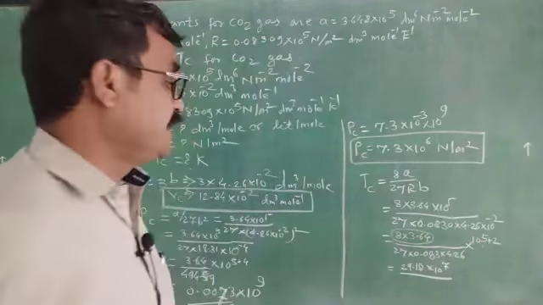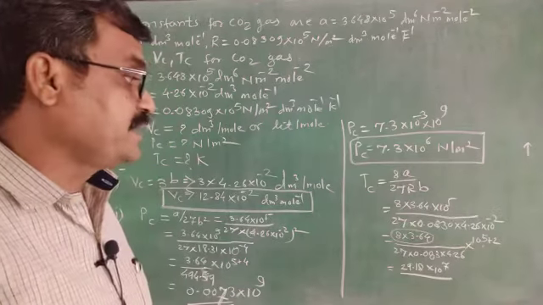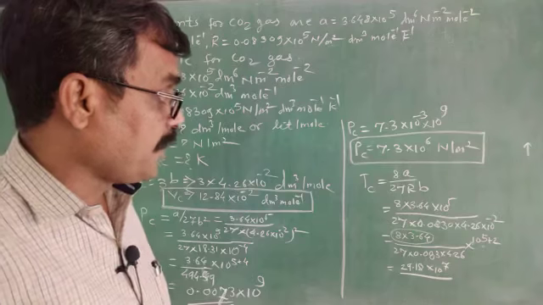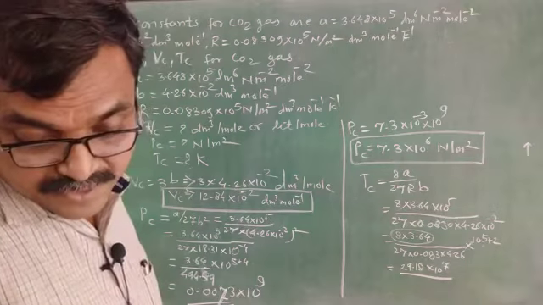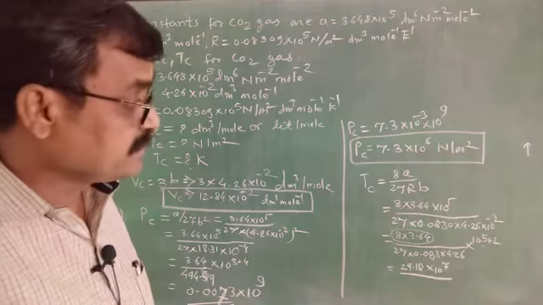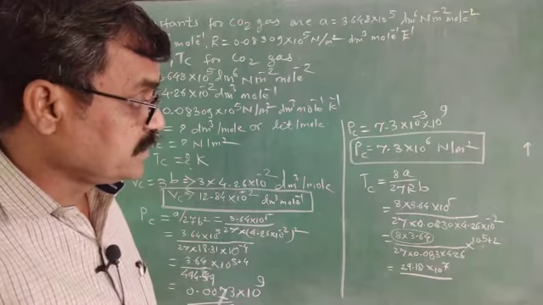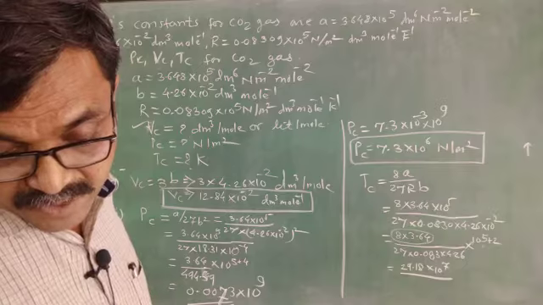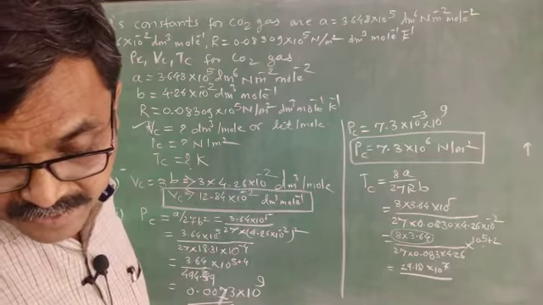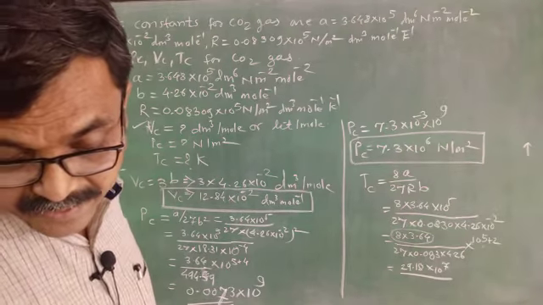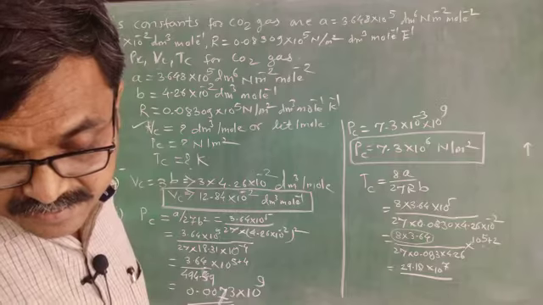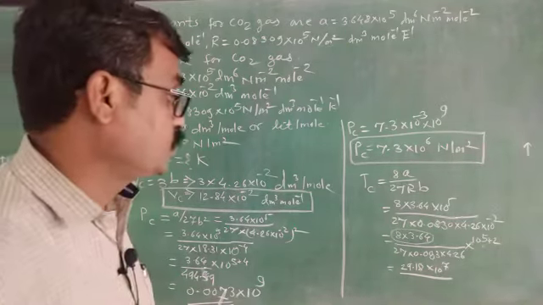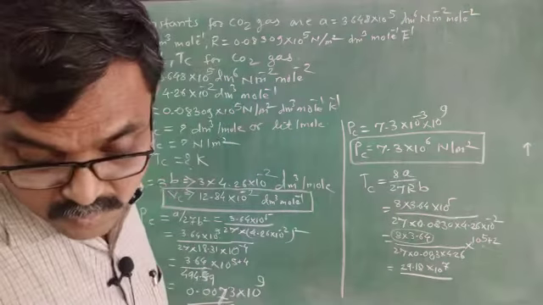Multiplication of 27 multiplied by 0.083 multiplied by 4.26, multiplication of all this is nothing but 9.6 into 10 raised to power 1.